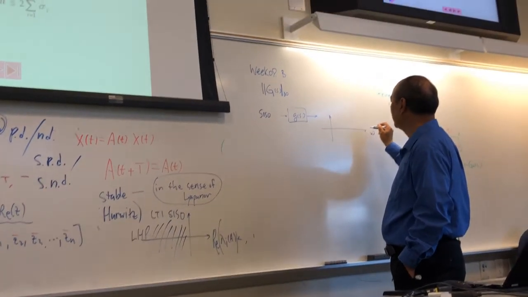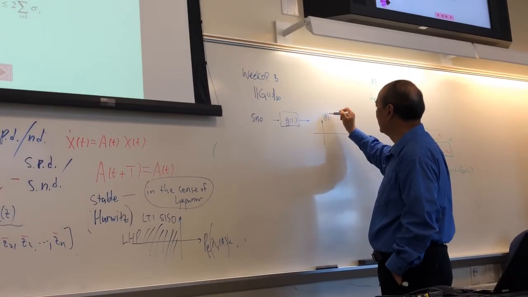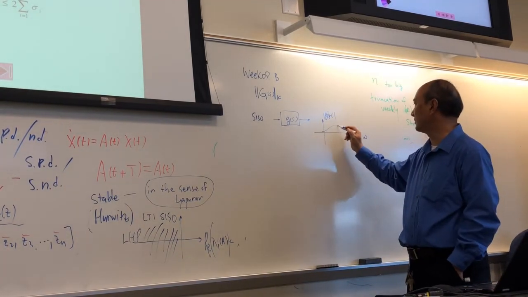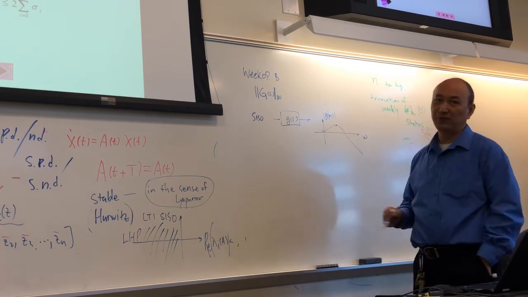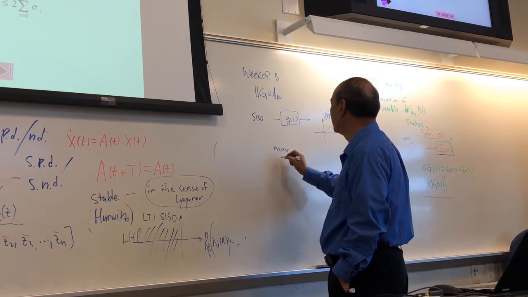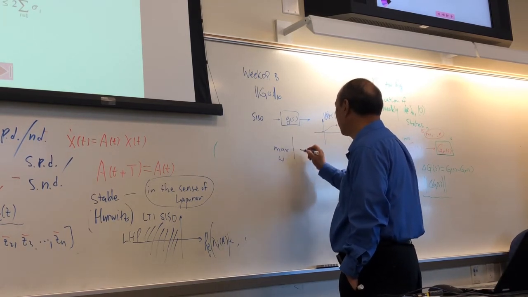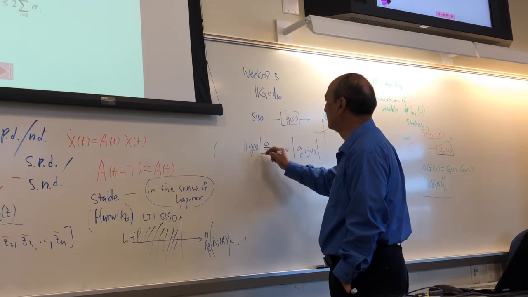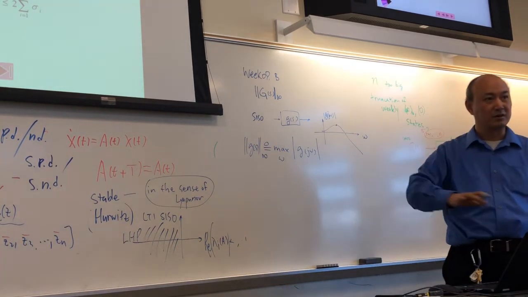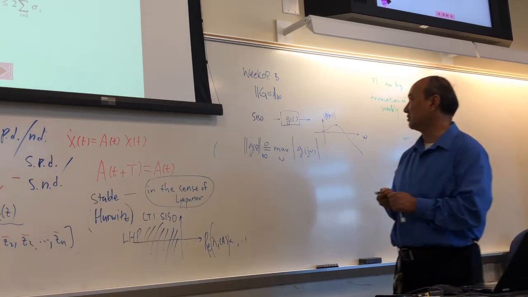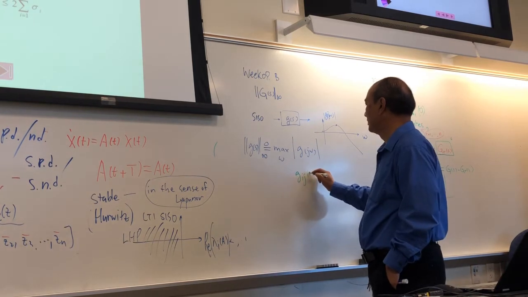This is omega, this is magnitude. You find something like this. This is the peak magnitude. So basically it is the max over omega of the magnitude of G(j omega), and that is defined as the infinity norm. Okay, so it's a peak value. This is the SISO case. However, you have a Gij in here.